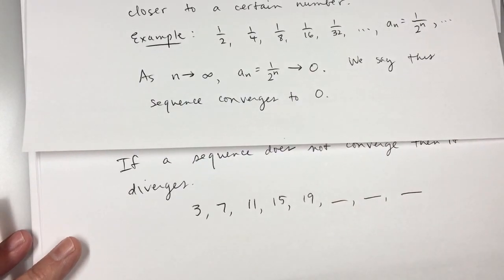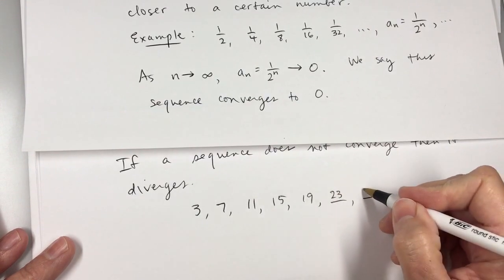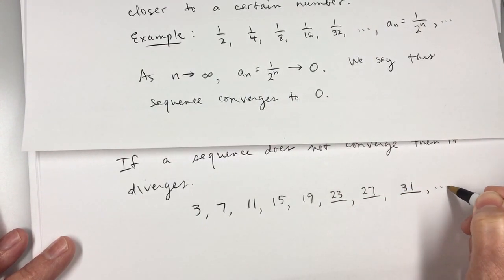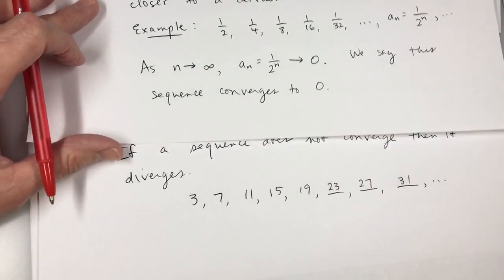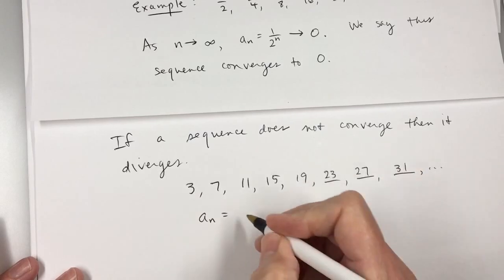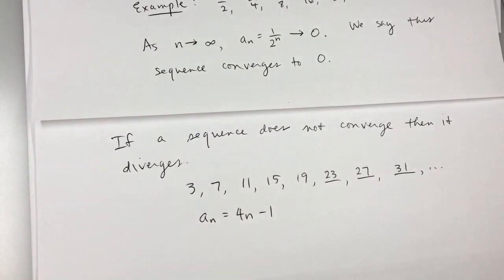What's the next term? 23, 27, 31, and the a sub n term was 4n minus 1. Does this sequence approach a particular number as n goes to infinity?